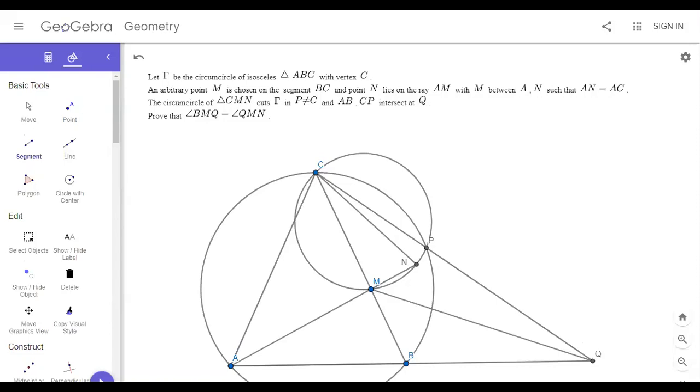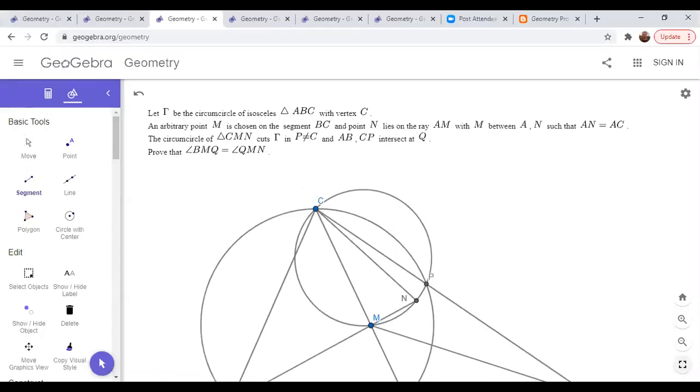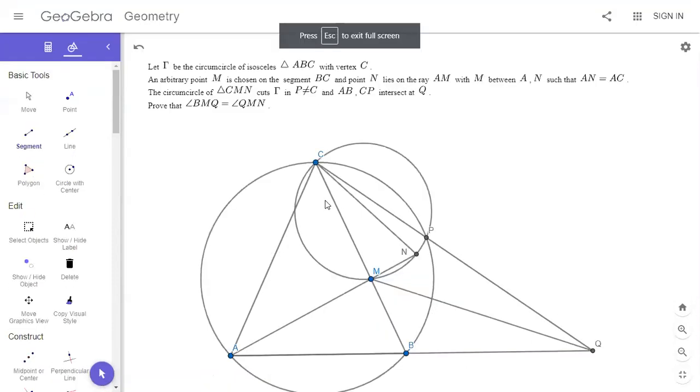Let me just try to digest this for a second. But if you haven't seen this problem before, I wouldn't call it spoiling. Maybe you could see the solution really quickly. Let me see.